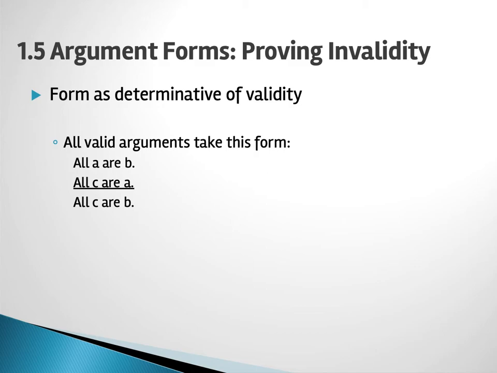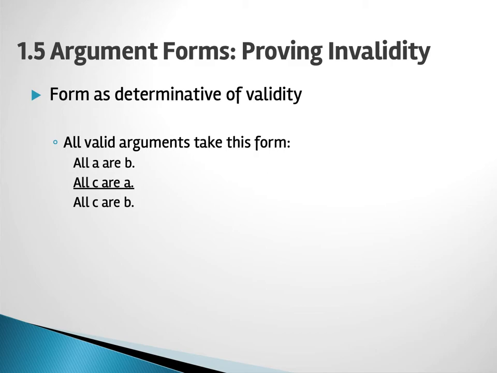Let me give you an example. Here's an example of a valid argument. All A are B, all C are A, all C are B. Now, A, B, and C can stand for anything you want. It doesn't matter. It's always going to be valid because the form doesn't change.